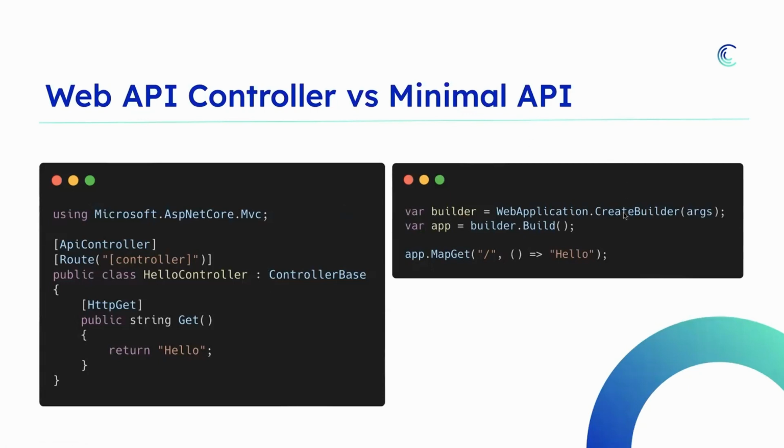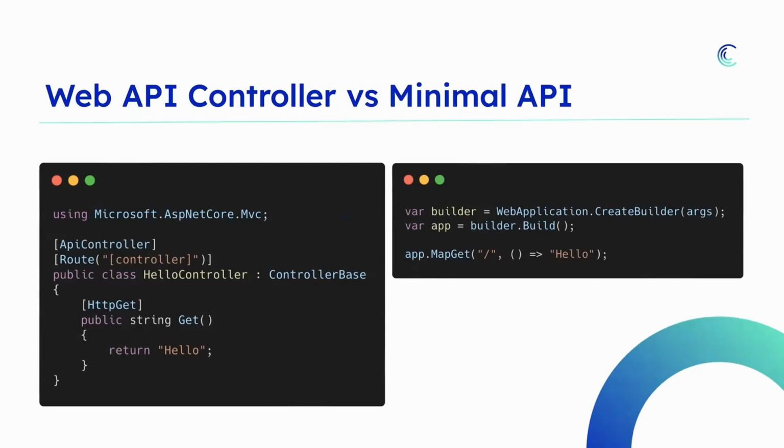On the right side, we have the minimal API way. This is Program.cs. We just build the builder, specify one endpoint which does the same thing as that one, and we can run our app, and that's all. It really looks clean.